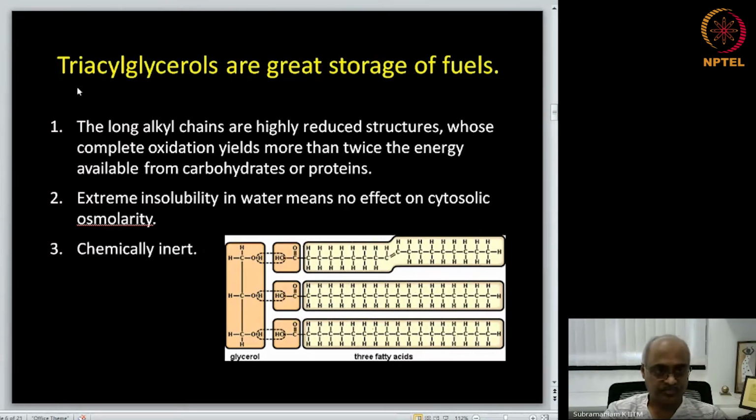So in the digestive tract, so in amino acids, we saw the proteins need to be hydrolyzed, and we had the proteases coming in the form of zymogens produced by pancreas, as well as in the stomach also you have the chief cell producing pepsinogen and parietal cell producing HCl.